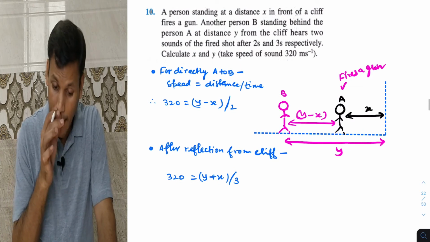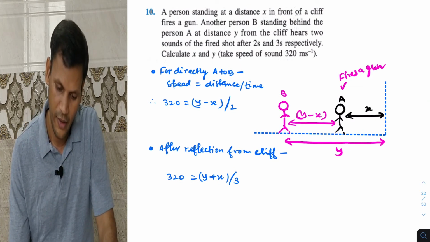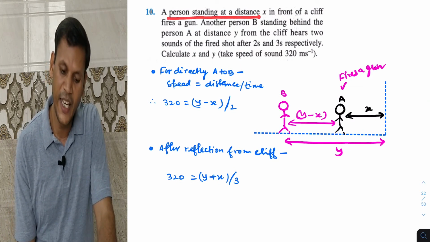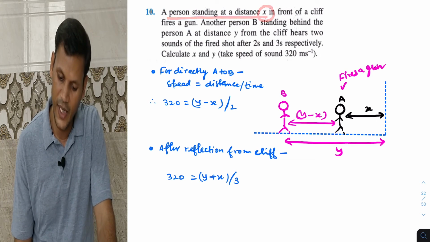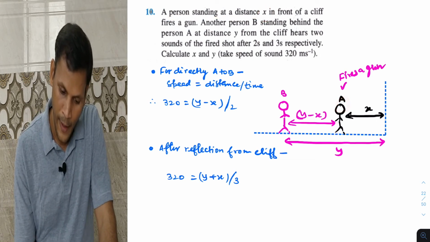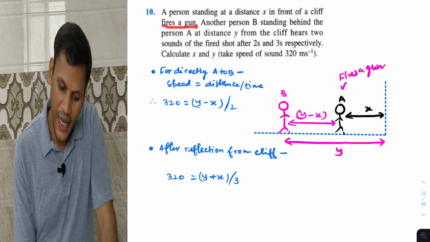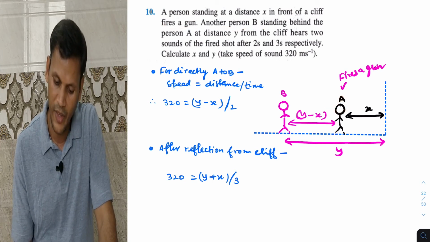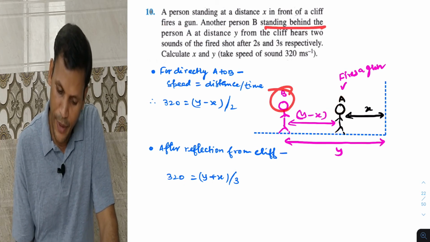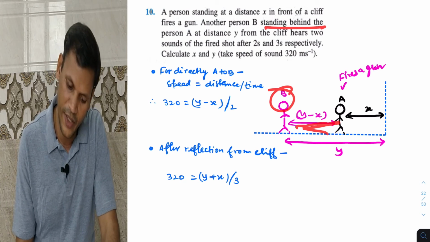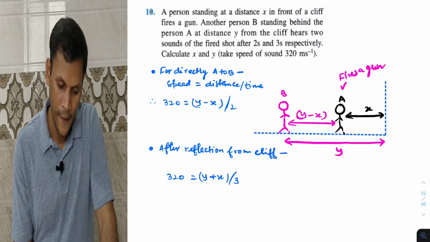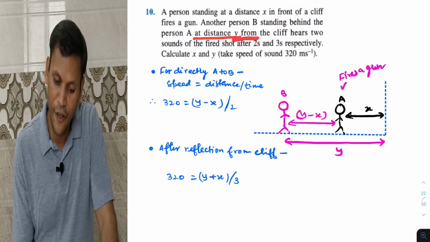Now next is question number 10. A person A is standing at a distance x in front of a cliff, fires a gun. Another person B is standing behind person A, at a distance y from the cliff.